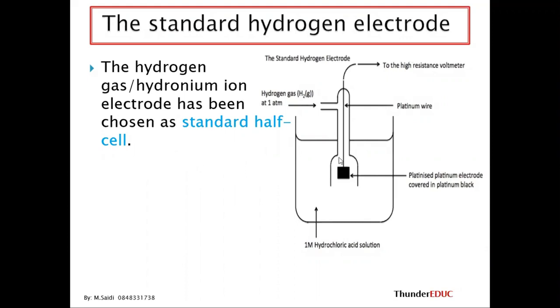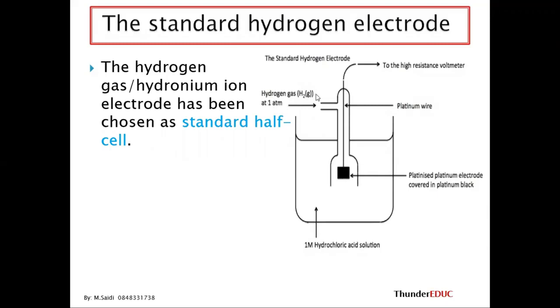We compare to hydrogen. Basically, if you look at this, you have hydrochloric acid. The reason why you have hydrochloric acid is just to increase the conductivity. Then you have platinum. The electrode has been coated with platinum. Why do we put platinum here?